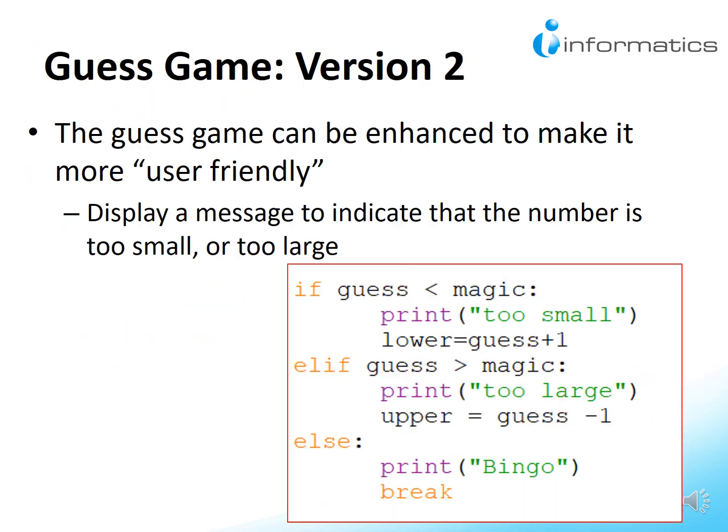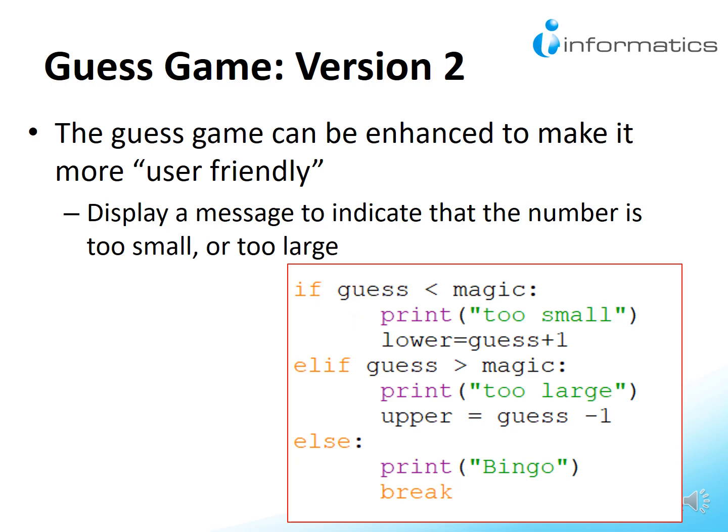By now you should have finished your guess game version 1. You should also notice that guess game version 1 is not very user friendly. When you enter a number, the system doesn't tell you whether the number is too small or too large.